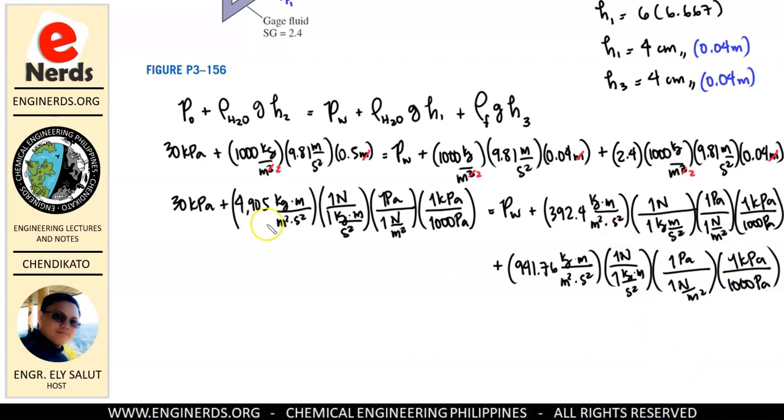Right, so isang buong equation to, kasunod pa rin ng right side natin. So let us be clear with our unit. Our kilogram will be cancelled out, our second squared will be cancelled out. So we have square meter in here. Newton will be cancelled. Our square meter will be cancelled, and our meter will be cancelled. So as you can see, our Pascal will be cancelled. So our unit will be in kilopascal.